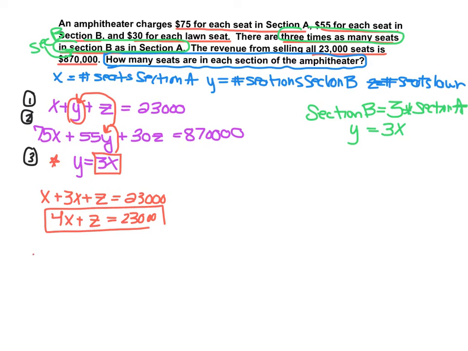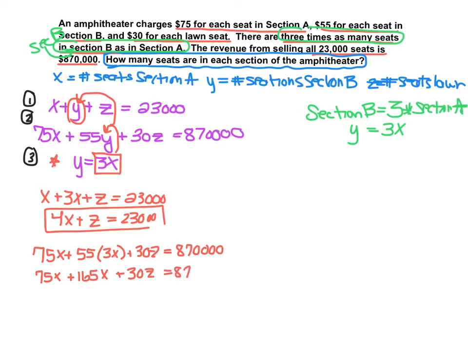And then if I look at the next one, I notice that I have 75x plus 55, and then I'm replacing the y value with 3x plus 30z is equal to 870,000. And then if I multiply 55 and 3x, I end up with 75x plus 165x plus 30z is equal to 870,000.